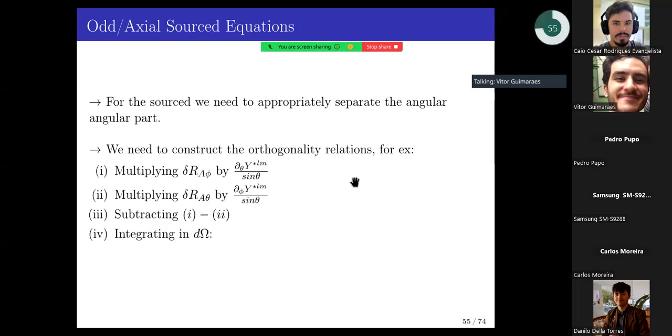But again, what can we do to separate, for example, the odd part?